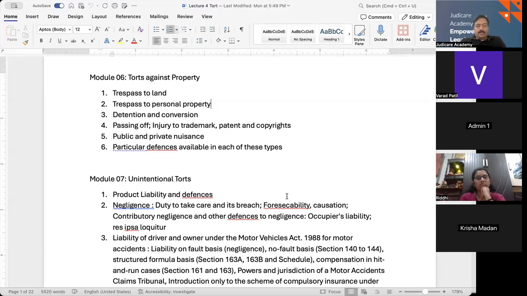The case law example is Gloudon versus Bloom, 1901. This case is a critical predecessor for trespass to personal property.